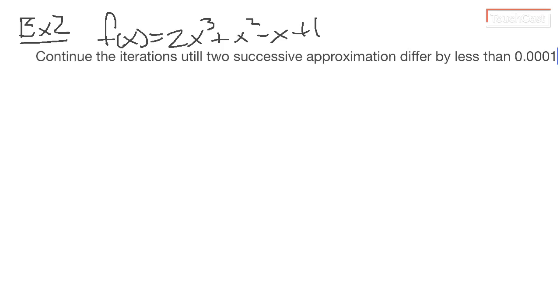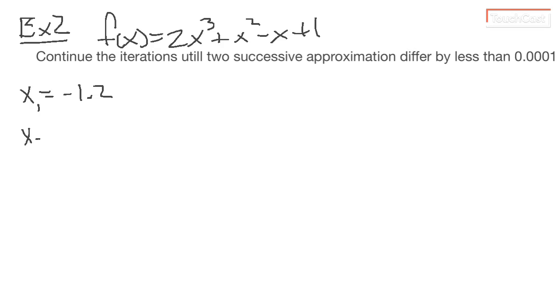In fact, the 0 is closer to -1, so we could say that our first initial guess is maybe -1.2, and we'll continue redoing iterations until we get within our approximation constraints of that 1/10,000th.